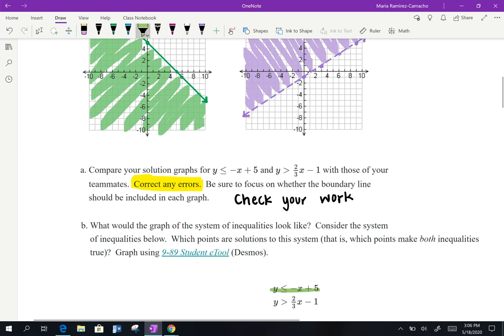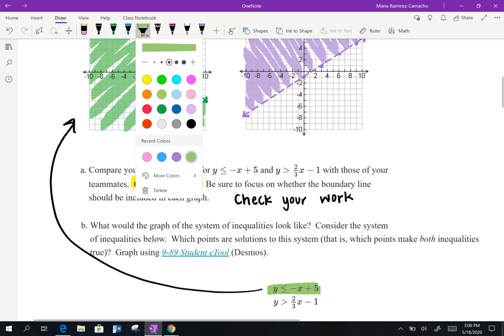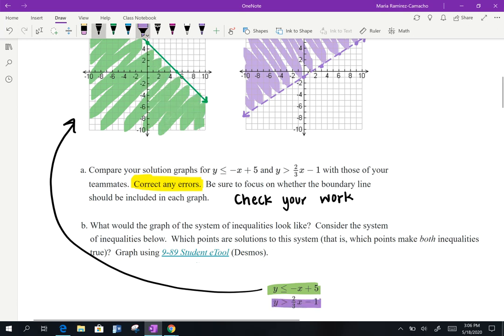This inequality corresponds with this graph, and then this inequality corresponds with this graph. So we know what these inequalities look like when they're graphed separately, but what does it look like when we graph both on the same set of axes?